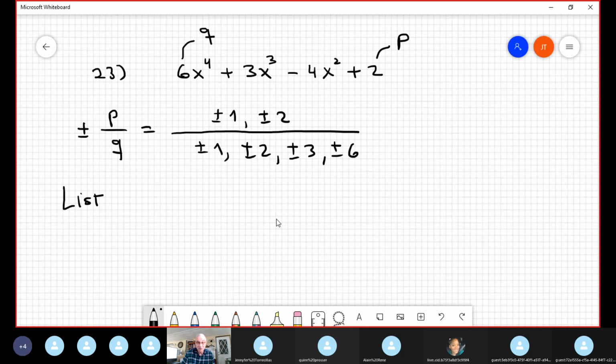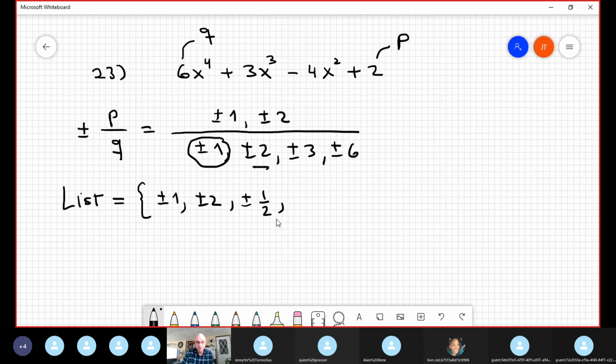You take the first number in the denominator and you create the fraction like that. 1/1, 2/1. So the list is plus or minus 1, plus or minus 2. I take this, divided by the first and the second on top. Likewise, plus or minus, now 2: 1/2, and 2/2 gets 1, but 1/2 here. I don't need to repeat it.